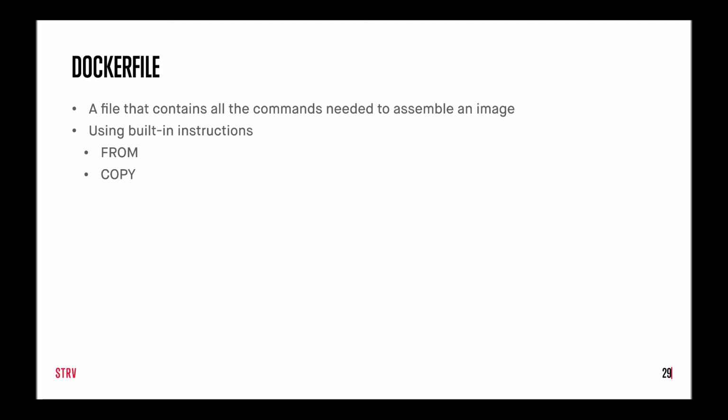The COPY instruction serves for copying files or directories from the host machine to the container. The RUN instruction is for running whatever command, by default in a shell, and CMD is the executable that gets executed once the container is started.